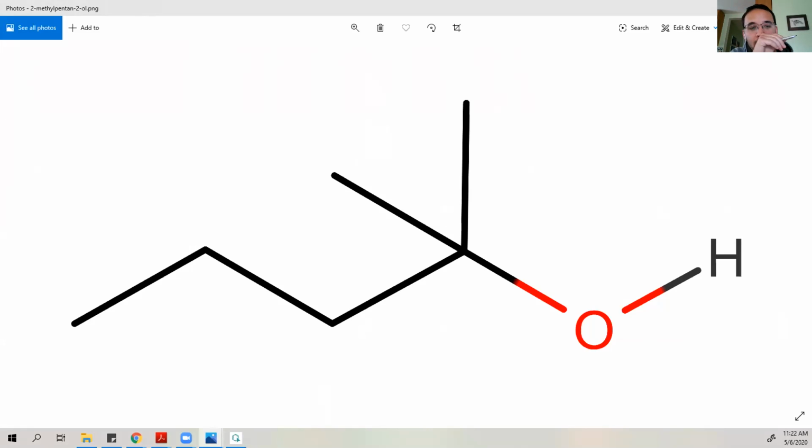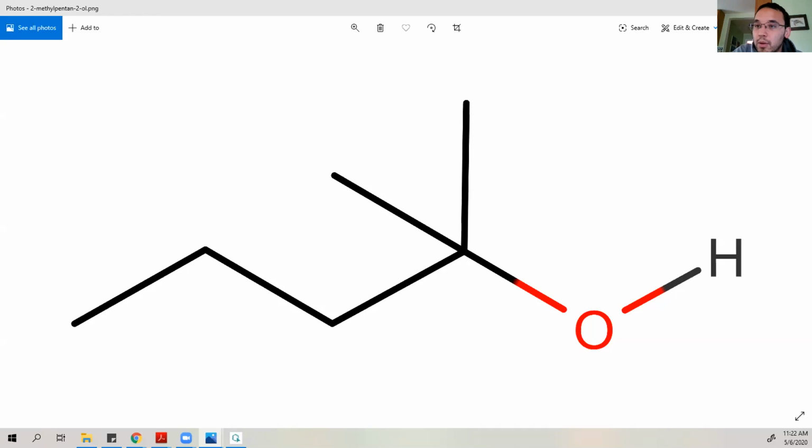Think about how far that chain can really go. Sometimes people would tell me that this is a butane chain, that you go 1, 2, 3, 4 carbons long, and then to that last carbon, you add an alcohol and 2 methyl groups.